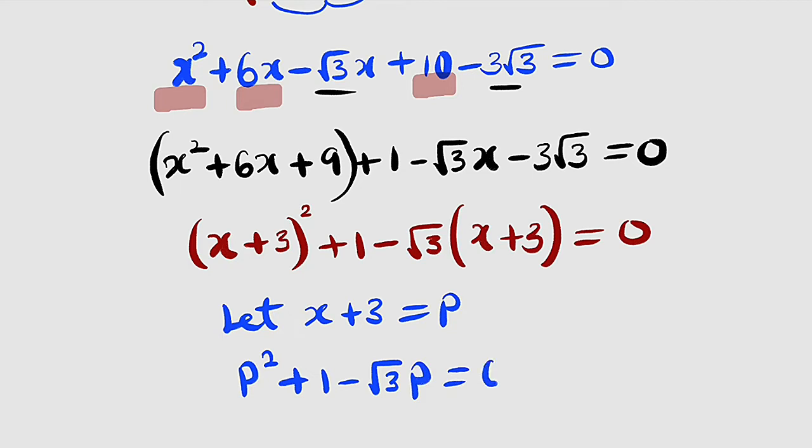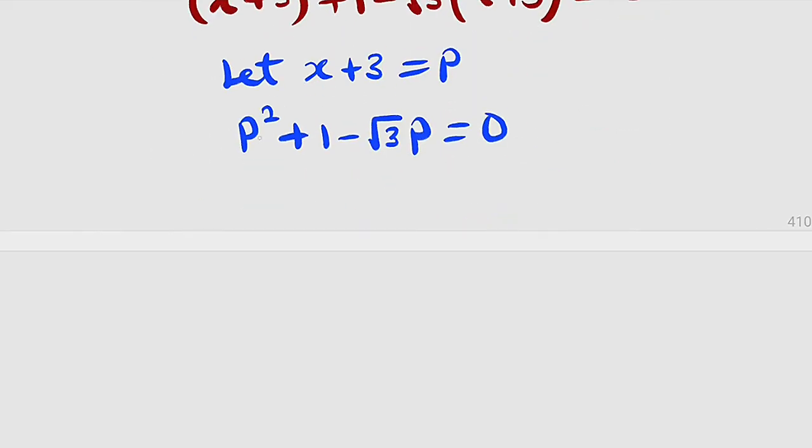The whole of this is equal to 0. Since we know that p is not equal to 0, we can divide both sides by p. If you divide p squared by p, you have p, plus 1 divided by p, then minus root 3, because if you divide that by p, you have only minus root 3. The whole of this equal to 0.